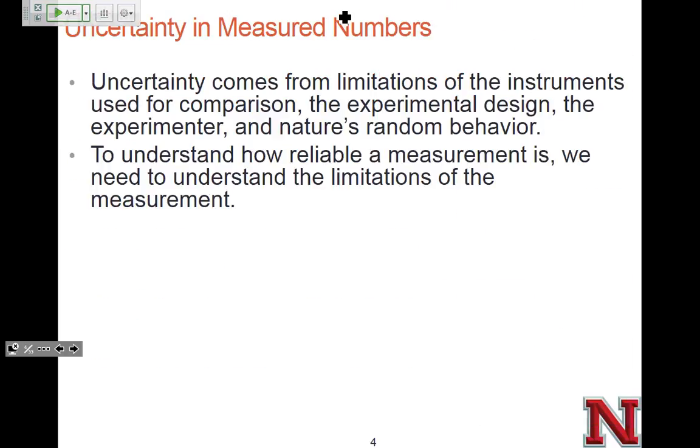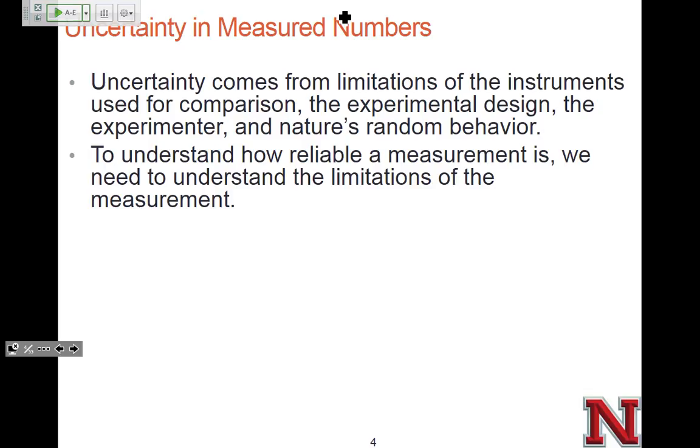As far as uncertainty, where does uncertainty come from in measurements? We talked about this a little bit on Monday, and it really often will come from limitations of the instrument. So in your experimental design, when you start learning how to set up experiments and you get better at it, you start learning what's the best instrument to use for the sensitivity you need.